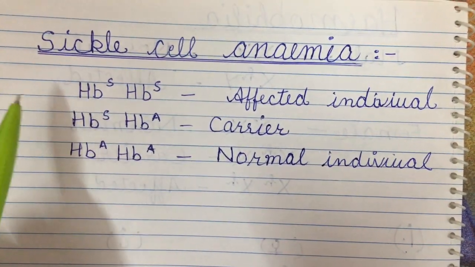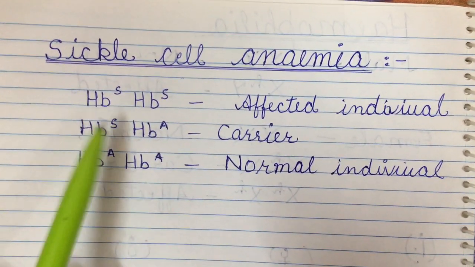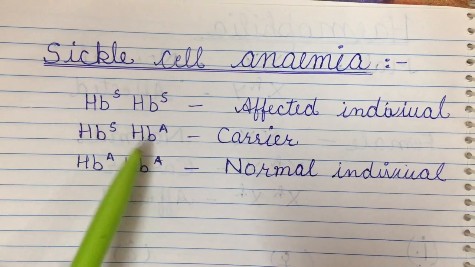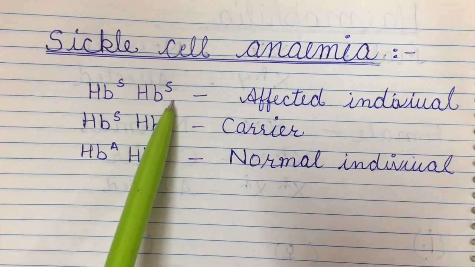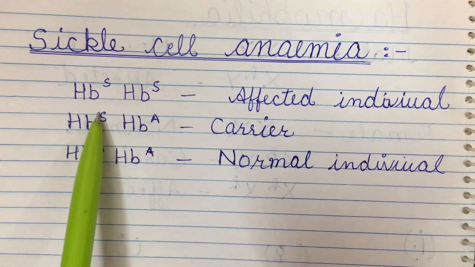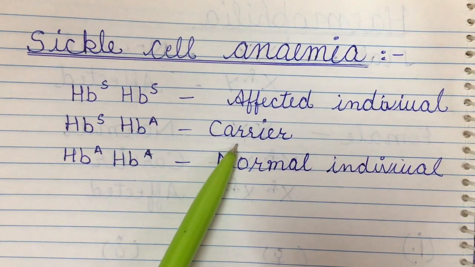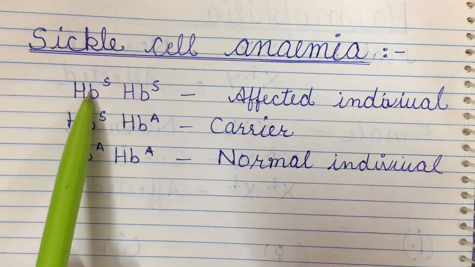Next is sickle cell anemia. It is represented by two alleles, HbS and HbA. If both are HbS, that is the affected individual. If HbS and HbA, that is a carrier. S shows the sickle cell anemia, that person is affected.